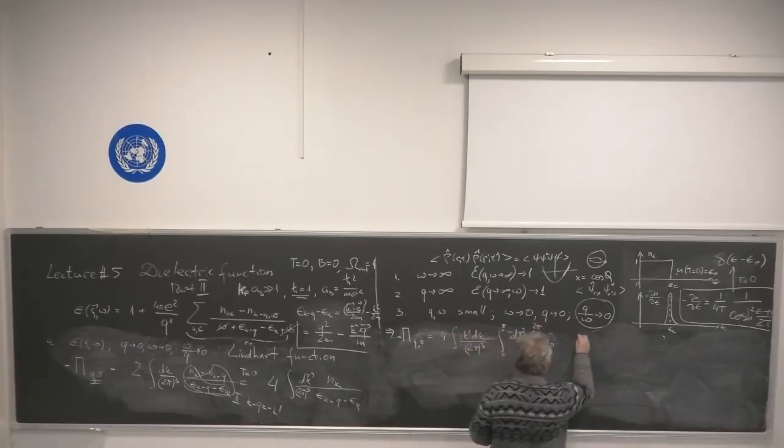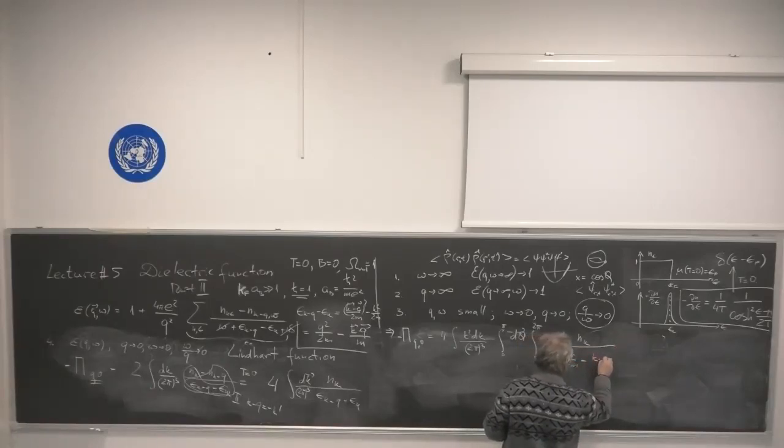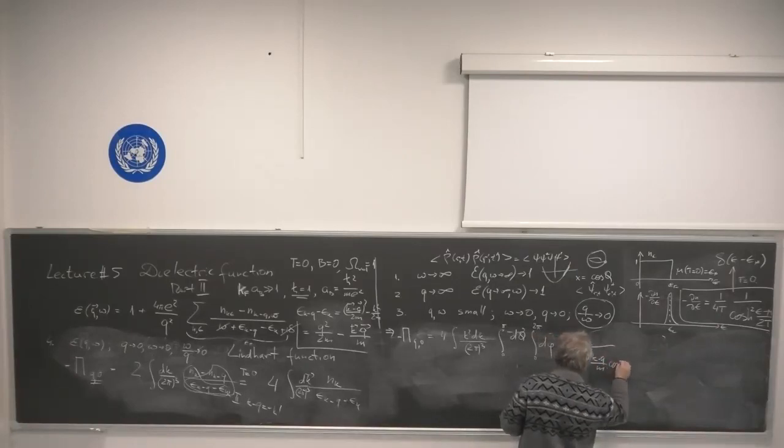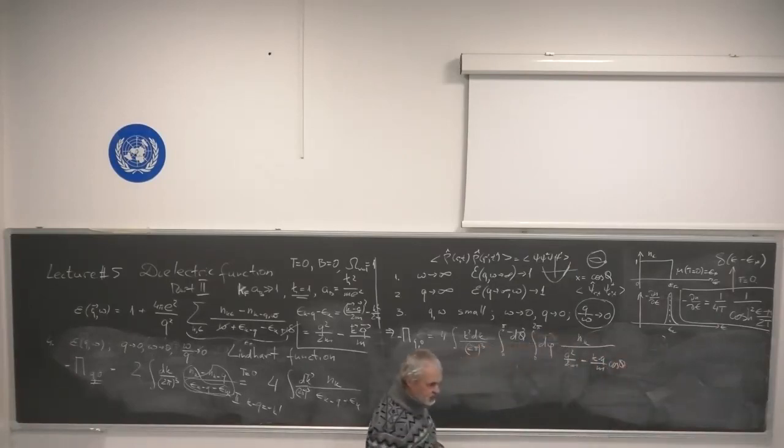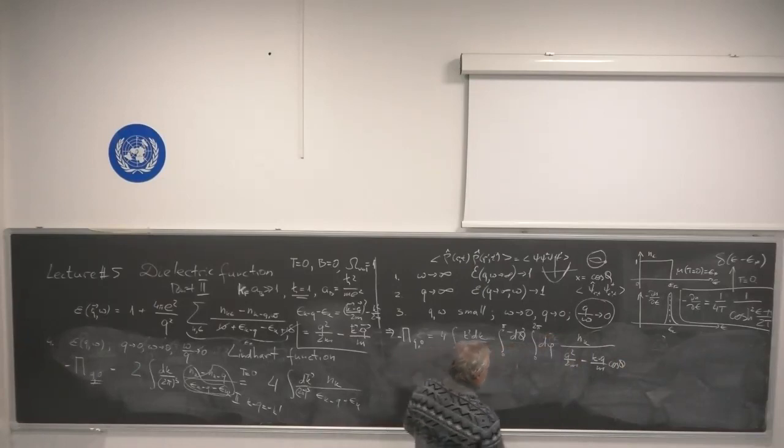I have n_k, this is the Fermi distribution function, divided by q squared over 2m minus k times q divided by m times cosine theta. This is my scalar product. So nothing depends on phi, but I first need to integrate over angles, and second, I need to integrate over modulus. So this is 0 to infinity.